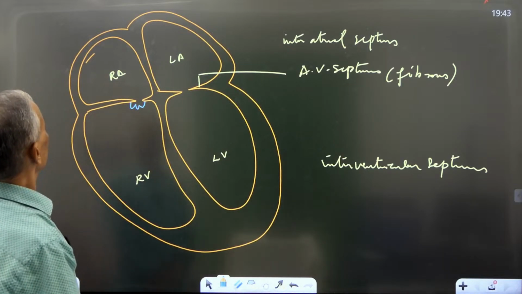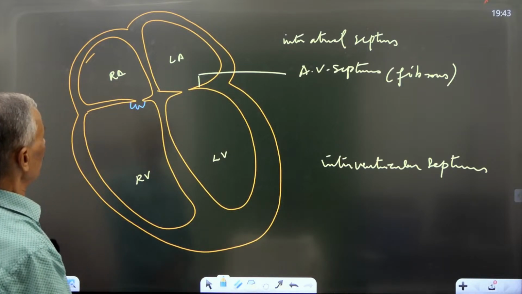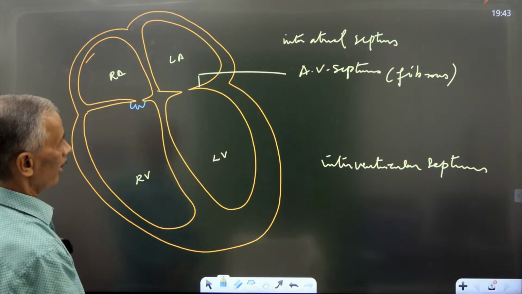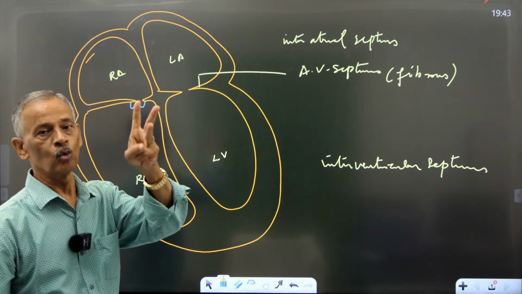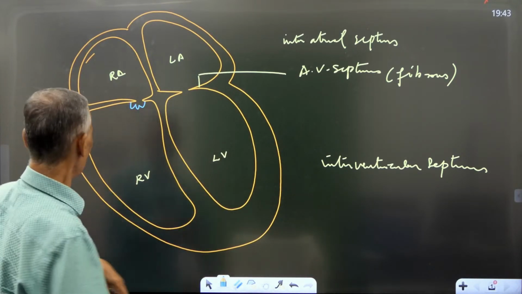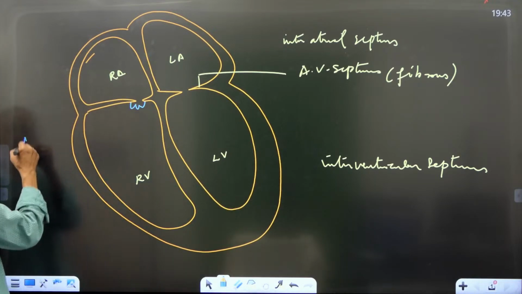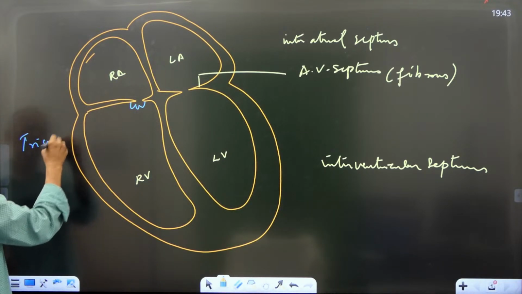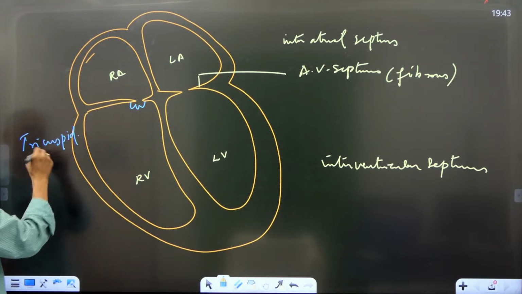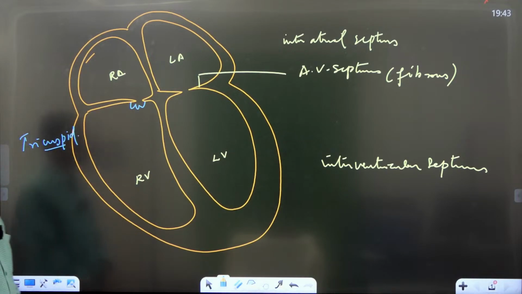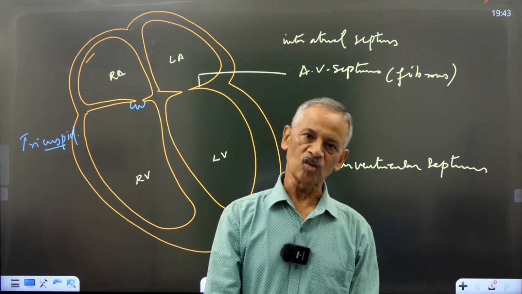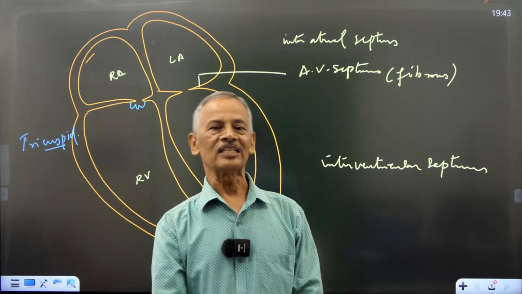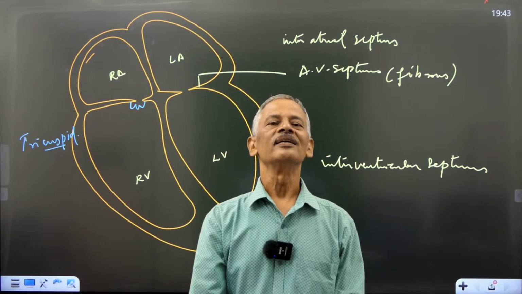The right atrioventricular aperture is guarded by a valve which has three flaps. So we call it tricuspid, having three cusps. Cusp is a term that is also present in teeth.